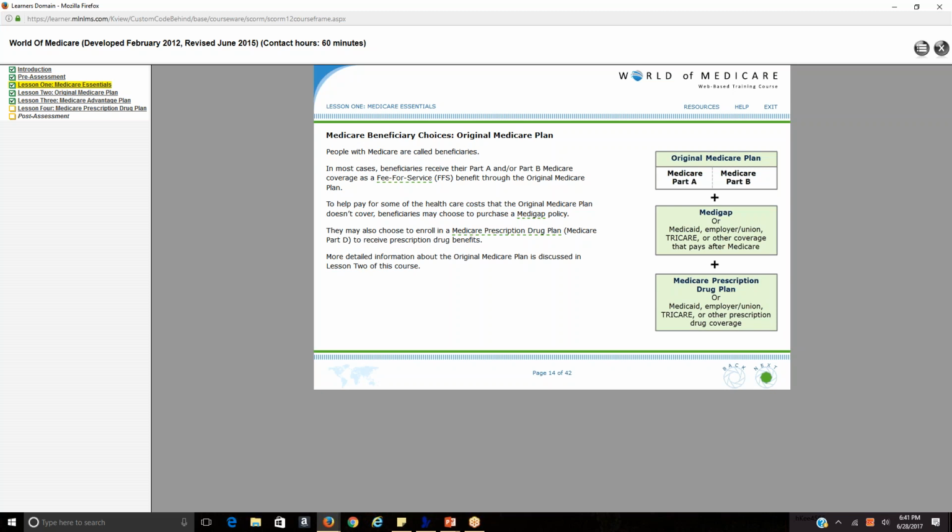That is called a Medigap policy because it's designed to gap the benefits. In other words, Medicare takes it so far, and then the Medigap will fill it in, okay? And then they would also more than likely purchase the Medicare prescription drug plan.